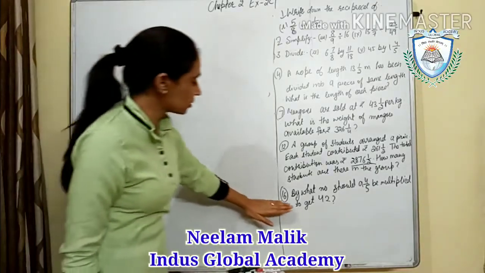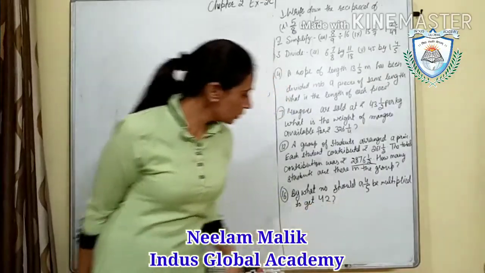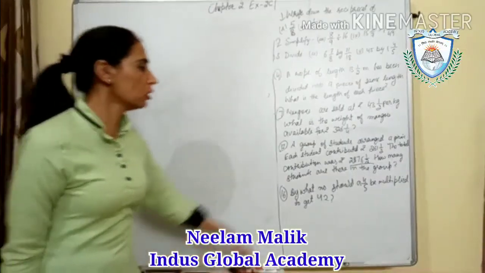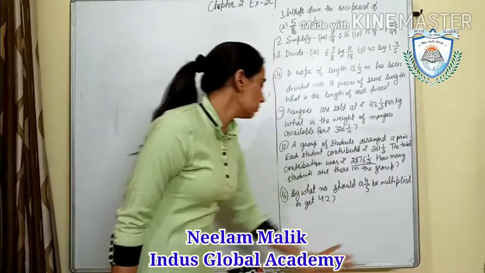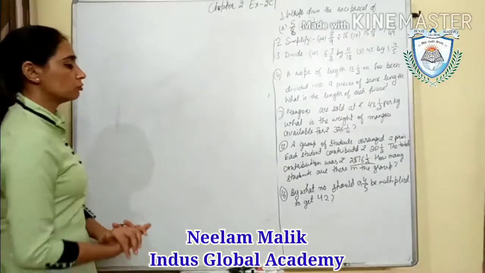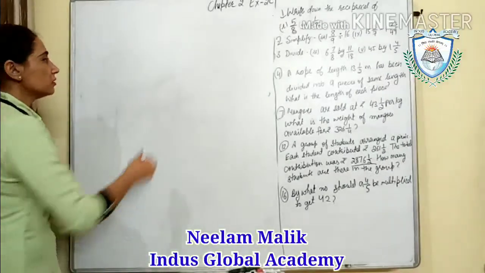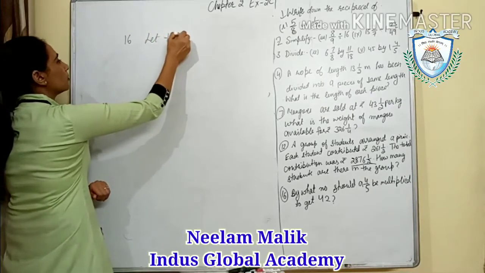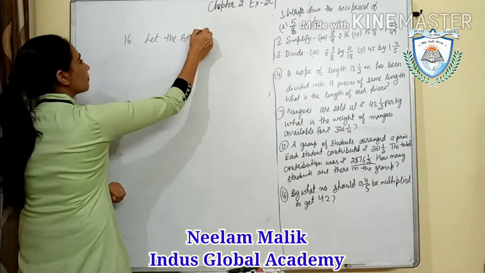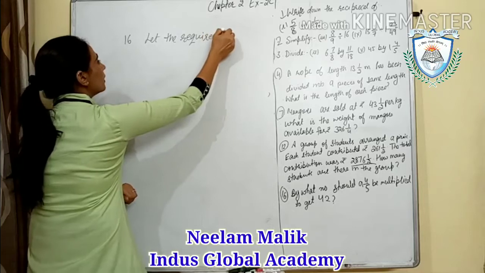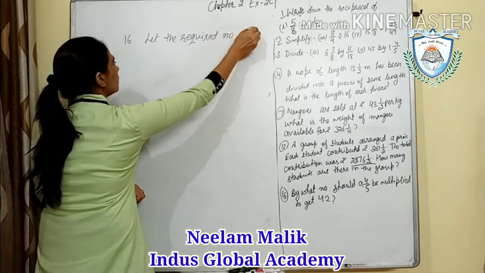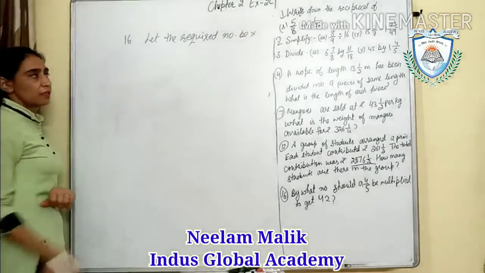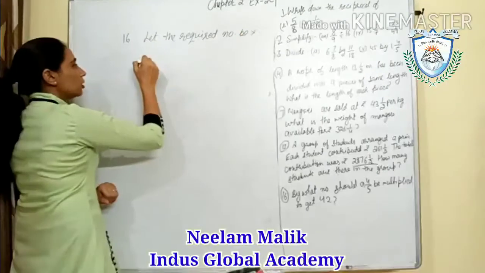In the question number 16, by what number should 9 whole 4 upon 5 be multiplied to get 42? So we can let the required number be x.